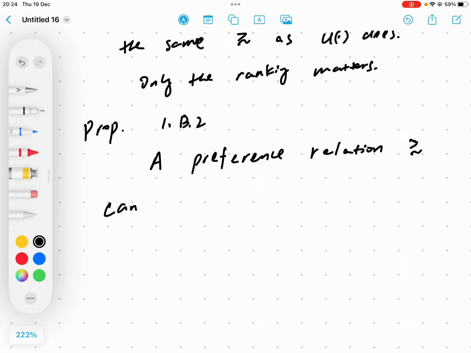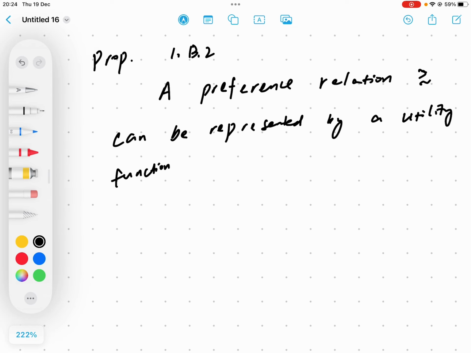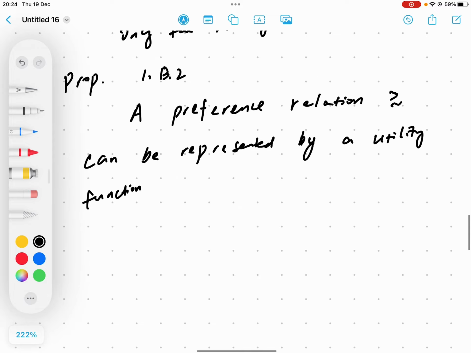So here the result is that if a preference relation can be represented by a utility function, then this preference relation has to be rational, okay?